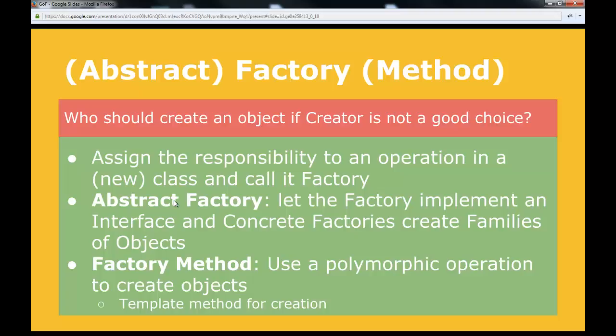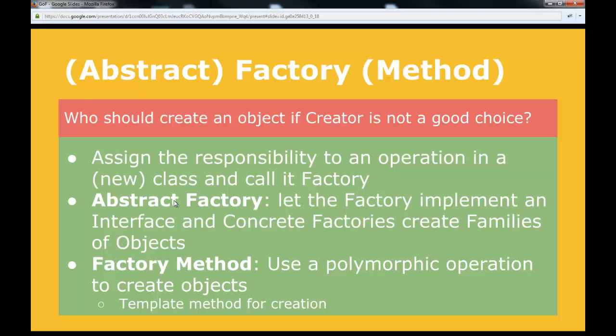In the GRASP creator we had a small list of scenarios that specified who should be responsible for the creation of an object. For example, since the cards are part of the deck, it's natural to let the deck create all the cards that are in it.